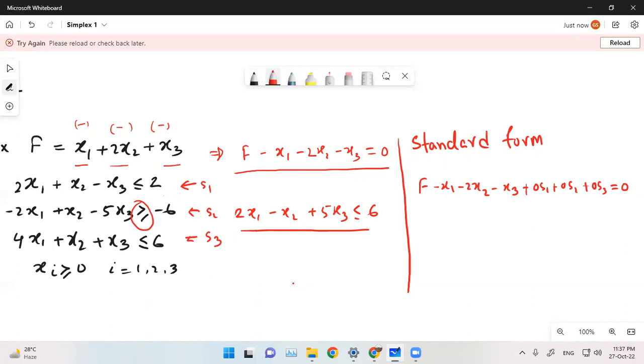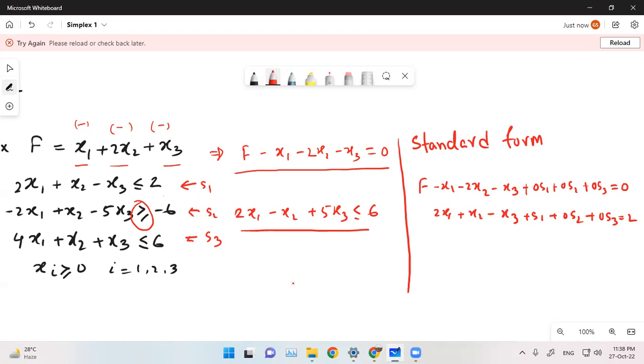Then x1 plus x2 minus x3, then you will have plus s1 plus 0 s2 plus 0 s3 equal to 2.